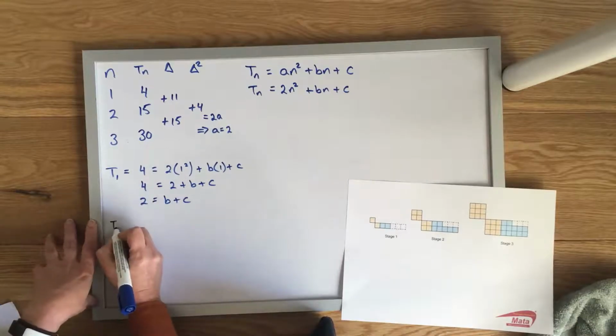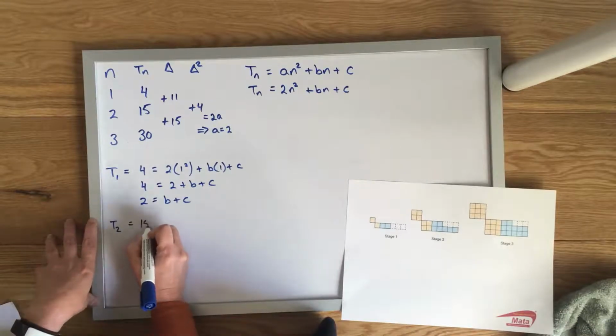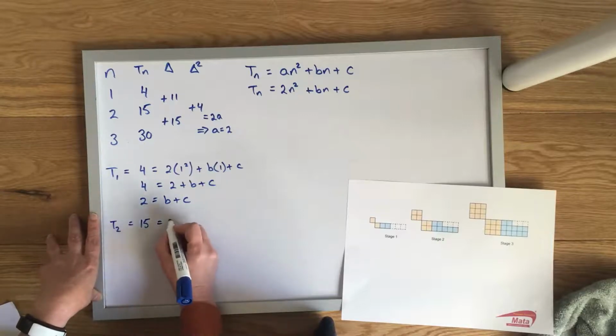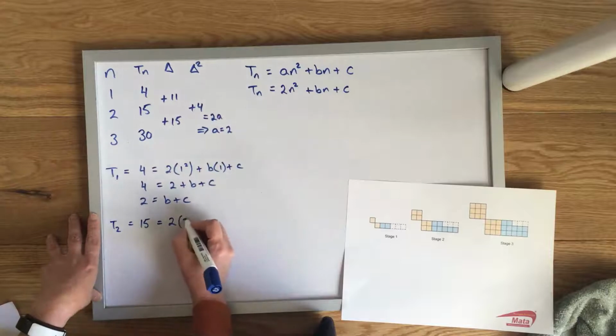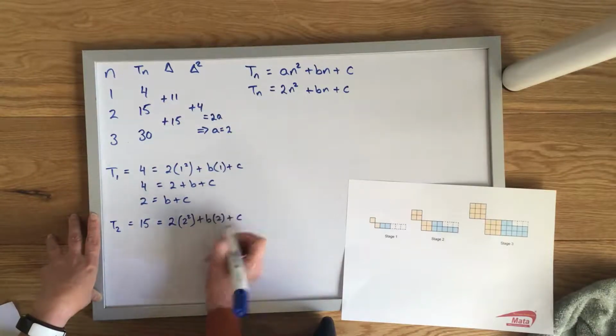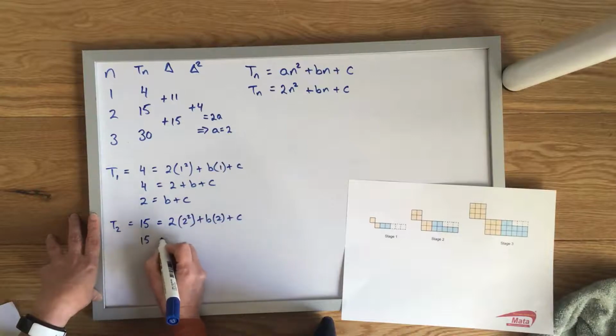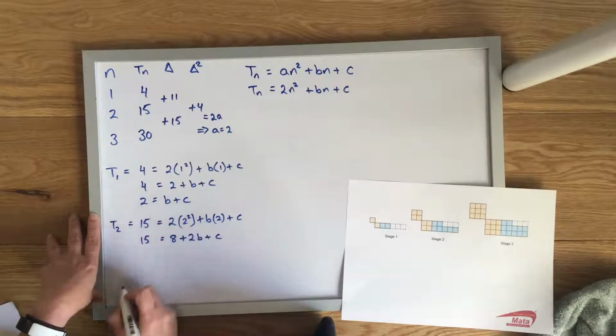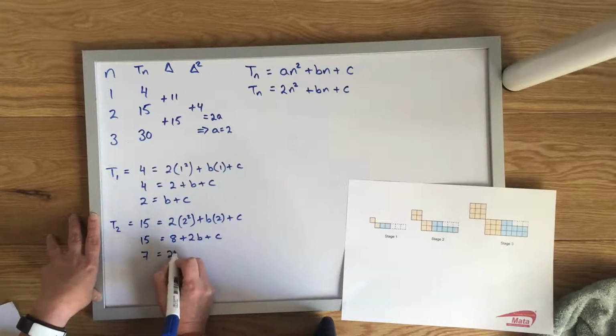Do the same with our second term. Second term is 15. And 15 is equal to 2 times 2 squared plus b times 2 plus c. 15 is 8 plus 2b plus c, or 7 is 2b plus c.